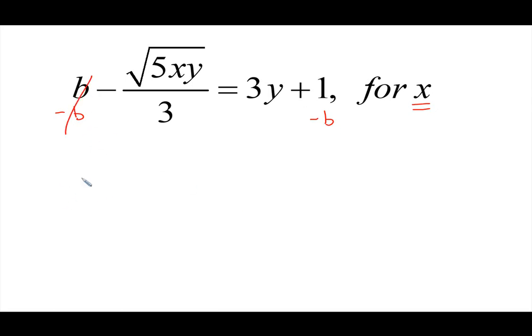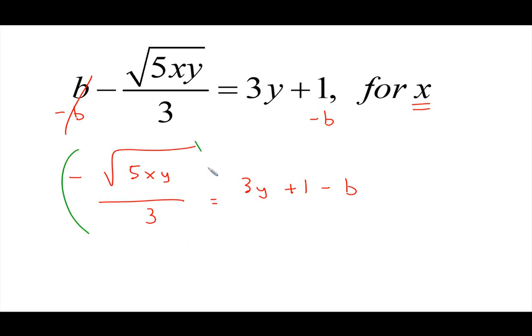So that'll get rid of this. So I get negative square root 5xy over 3 is equal to 3y plus 1 minus b. And then the next step, I want to get rid of this 3 because I want the radical by itself. But there's also this negative. So I'm going to multiply both sides by a negative 3.